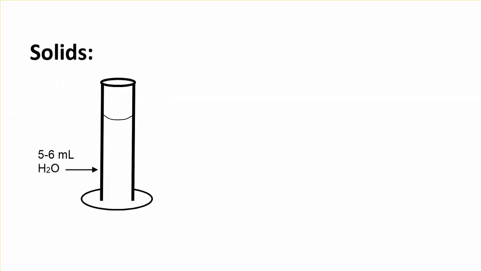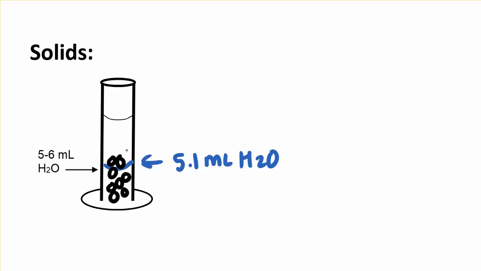Solids are trickier because it's harder to determine their volume, especially when your solids are like ours. They're little rocks or pellets or little nails. You can't just measure them. We're going to use a trick with water to get their volume. So what we do with water is we add water initially to the empty graduated cylinder. We write down its volume, and then we add our solids, whatever our solids are, little rocks or pellets or beads.